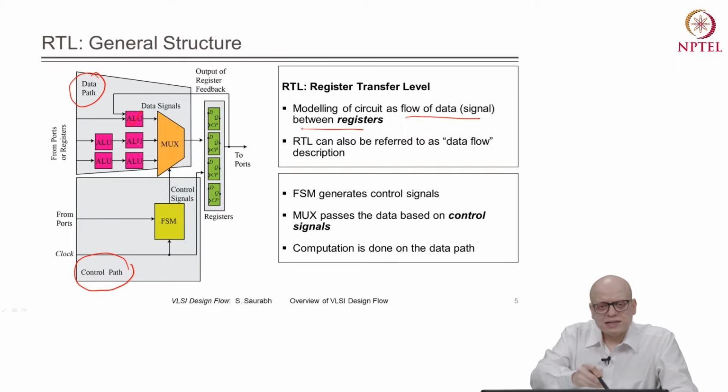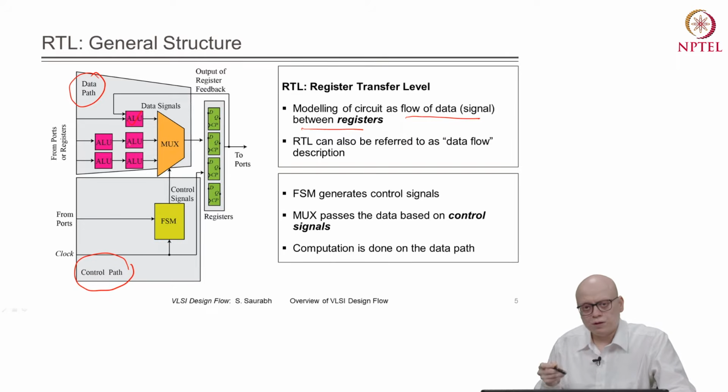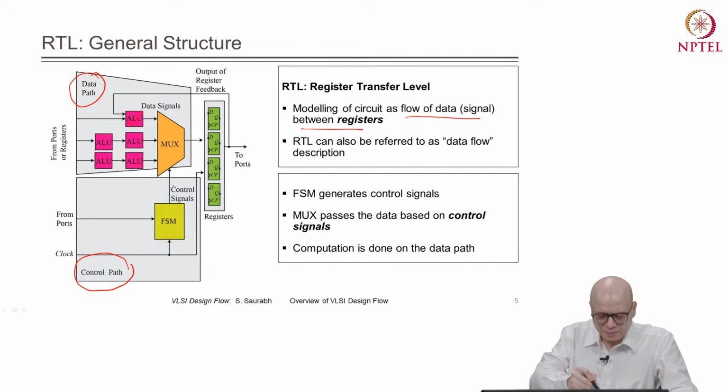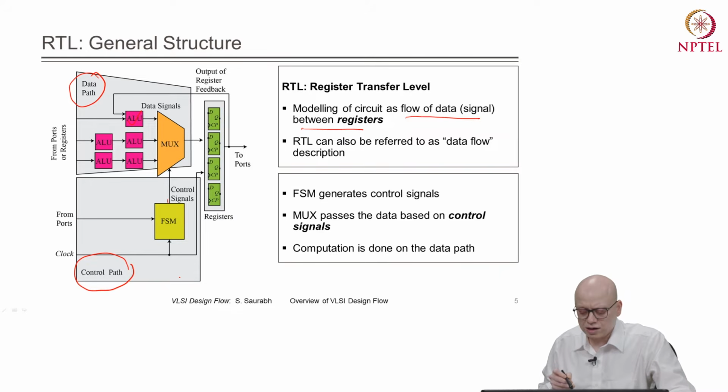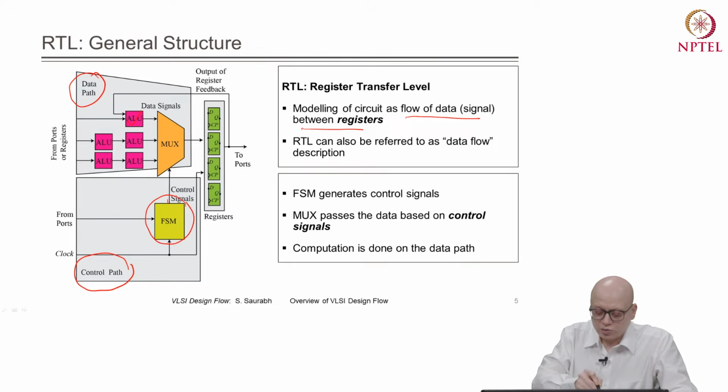And how this data moves is decided by control signals which are generated in the control path. So the FSM generates these control signals on the control path, and MUX passes the data based on these control signals.